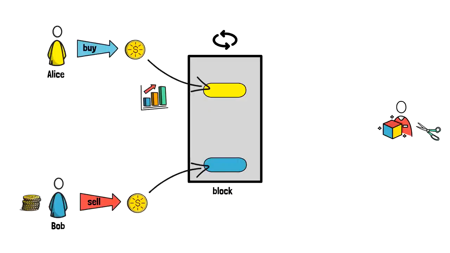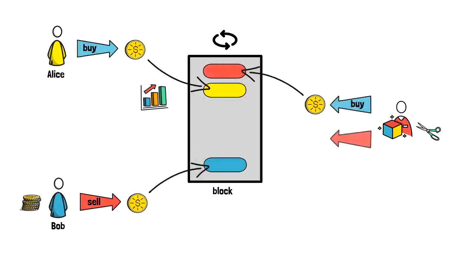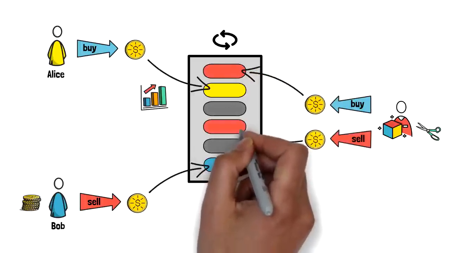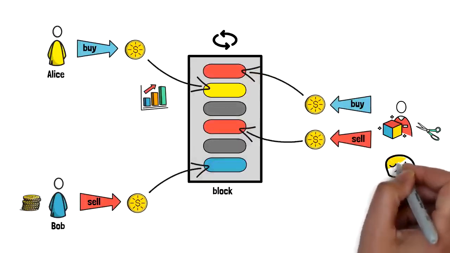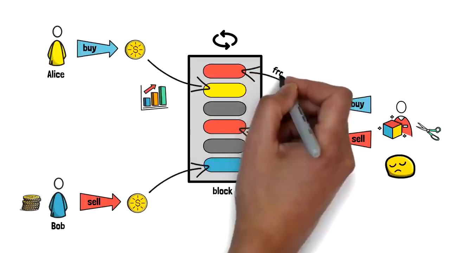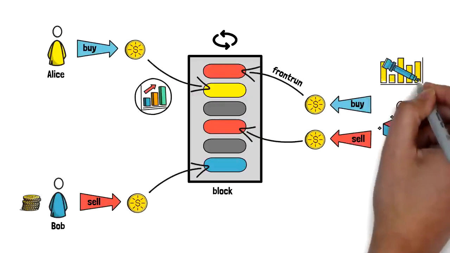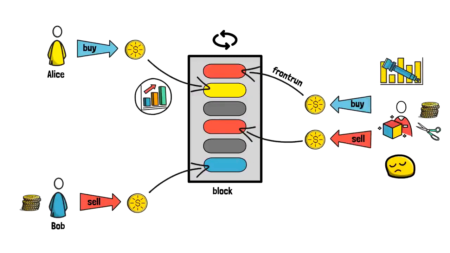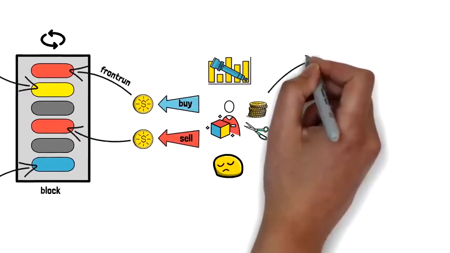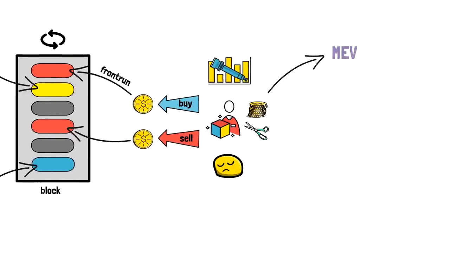The proposer can achieve this by inserting its own buy transaction just before Alice's transaction and placing a sell transaction after Alice's transaction and right before Bob's transaction. In this rather nasty example, the block proposer essentially front-runs Alice's transaction, benefiting from the price movement they can predict and influence. This additional profit, resulting from altering the transaction sequence, is termed MEV, which stands for Maximal Extractable Value.